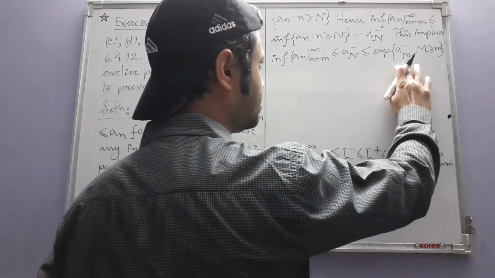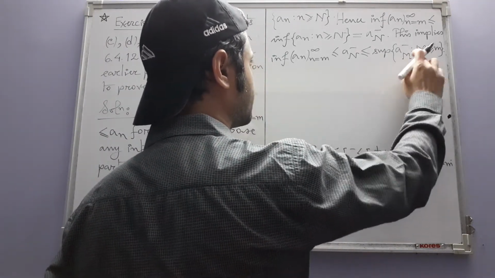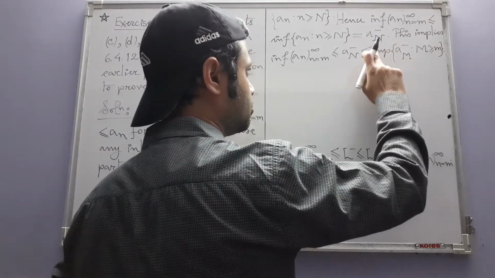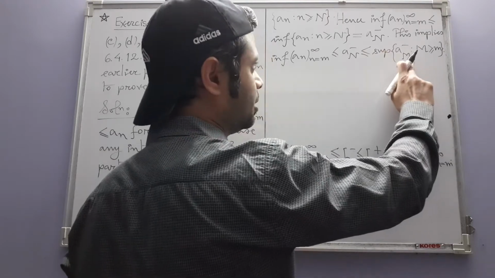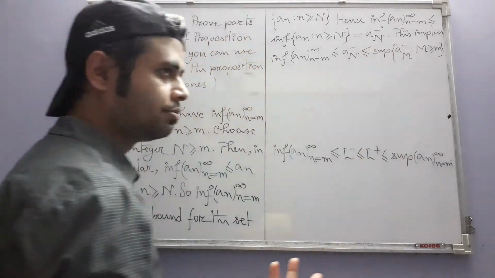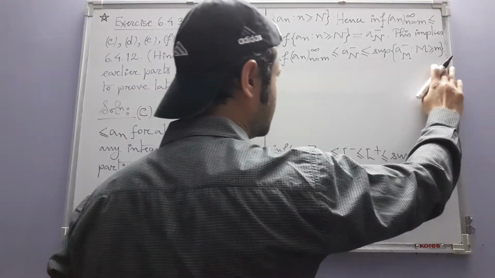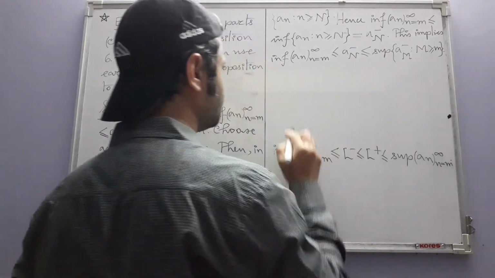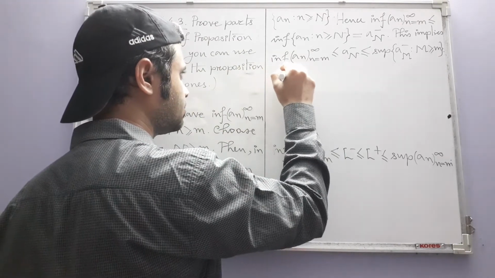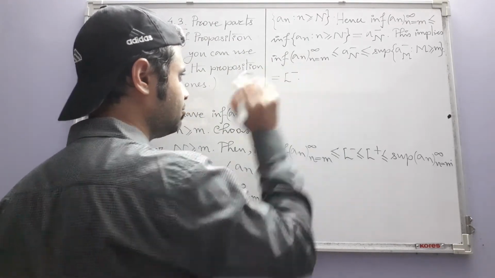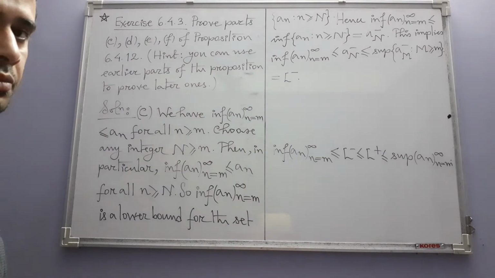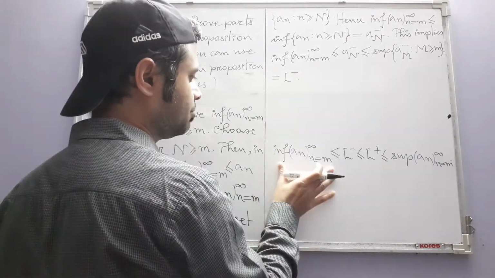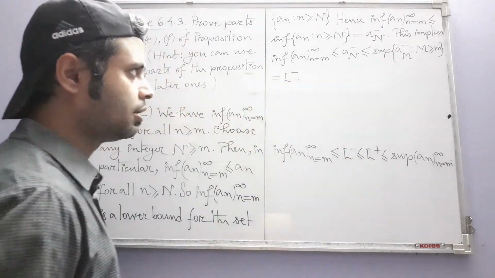So if we vary this m like this, then the supremum of all these infima, all of them are infima. So this supremum is greater than or equal to this, obviously, and this supremum is nothing but our limit inferior by definition. Okay, so that's how we get the fact that the infimum is less than or equal to the limit inferior.